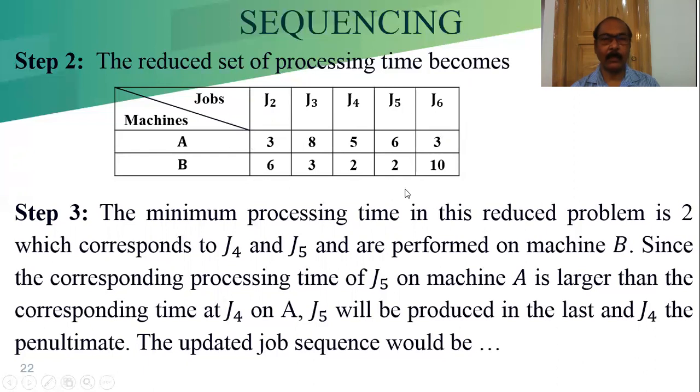From that we have to find the minimum. Now see, in the table we got 2 as the minimum, which appears for jobs J4 and J5 on machine B. According to that, J4 and J5 go to the end of the processing in the schedule.